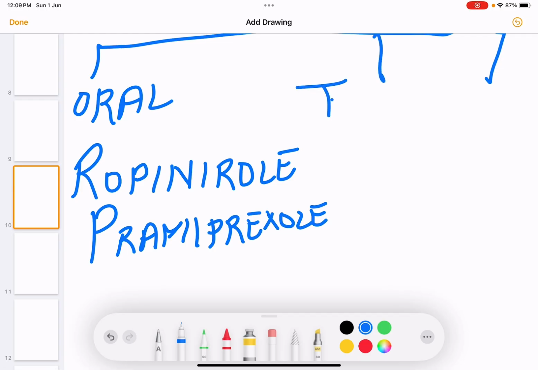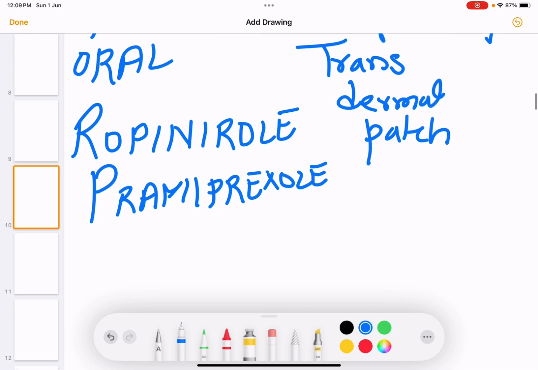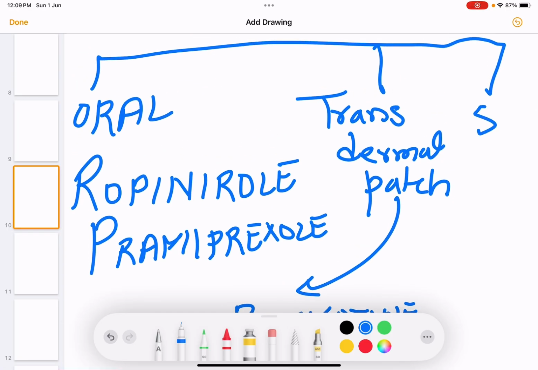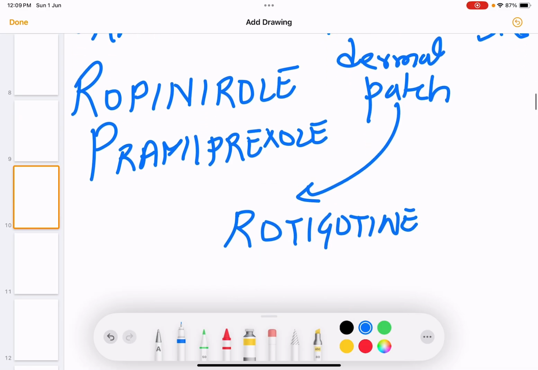Second is transdermal patch. In this transdermal patch we have rotigotine. And the third one is subcutaneous injection, and in this we have apomorphine.